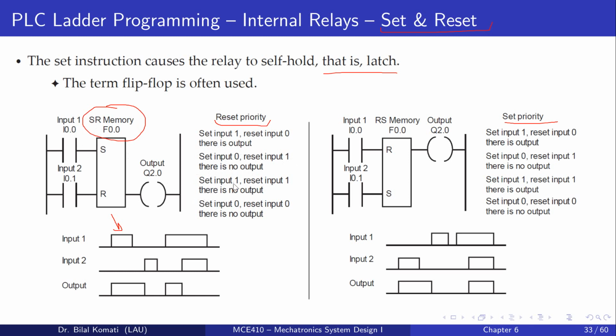And if we set input 1 and we reset input 1, there is no output. The only output is when we set input 1 and reset input 0. So this is input 1 and this is input 0. If we set this value, we will have an output, otherwise we will not.